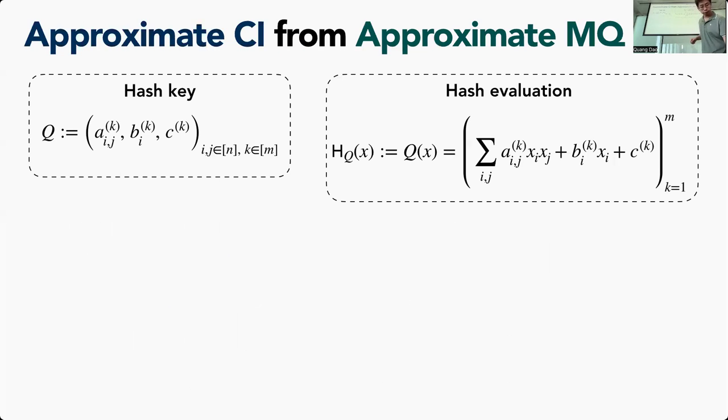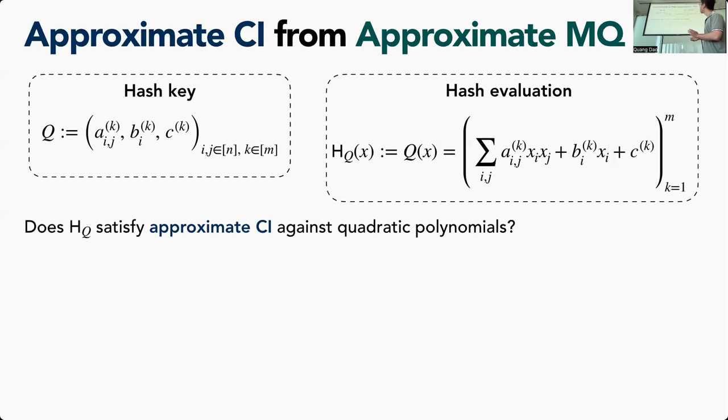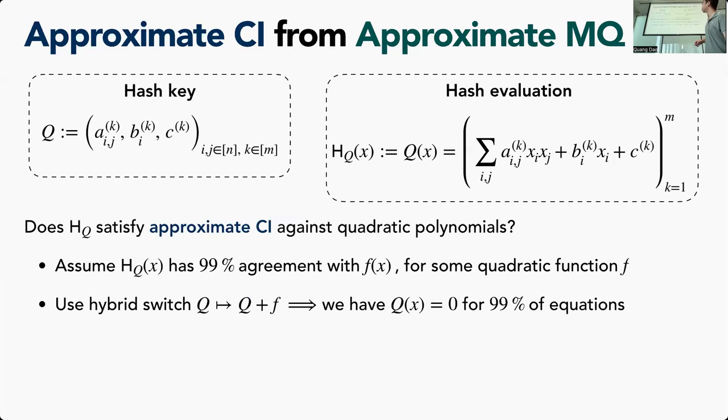And this even satisfies a stronger property, which is approximate CI. Even for functions that are only approximated by quadratic polynomials, we can still show security. The proof is basically exactly the same, except that instead of Qx equal to 0 for all of the equations, it's going to be equal to 0 for, say, 99% of the equations.